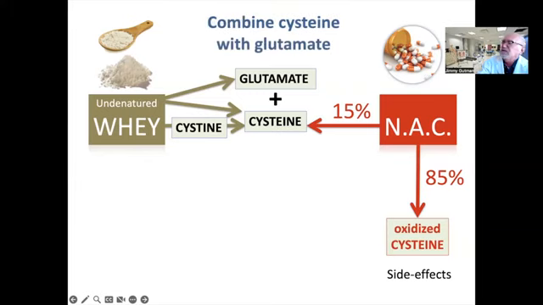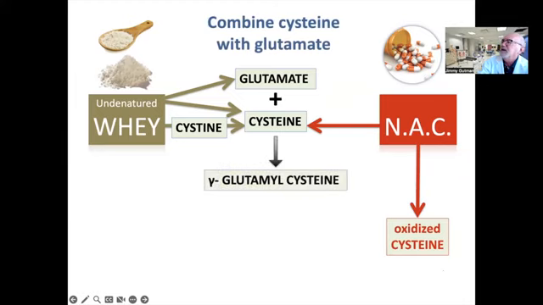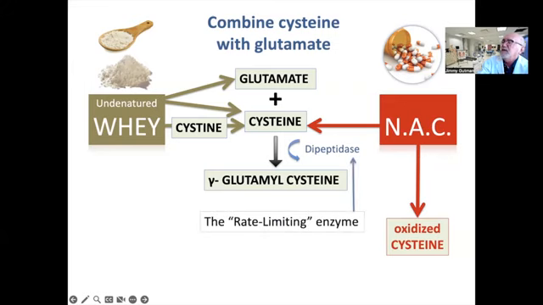So the cysteine is combined with glutamate, and this forms the molecule gamma-glutamyl-cysteine. See it there? This step is carried out through the use of an enzyme called dipeptidase. Why do I mention this? This dipeptidase is the rate-limiting enzyme for this step.